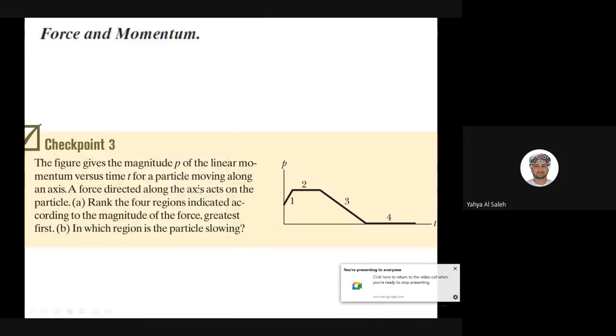Okay, take a look at this checkpoint in your book. This figure gives the magnitude of the linear momentum versus time for a particle moving along an axis. A force directed along the x-axis acts on the particle. Rank the four regions indicated, 1, 2, 3, 4, according to the magnitude of the force, biggest force to smallest force, in magnitude.